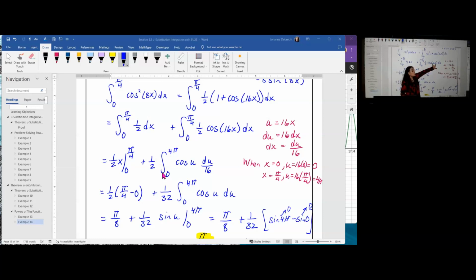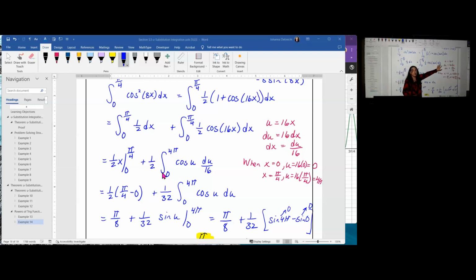We set u to be the argument to the trig function, take the derivative with respect to the original differential dx, and abuse the notation by swinging the dx around. Notice that I'm now doing it in one step. This gives me du equals 16 dx.